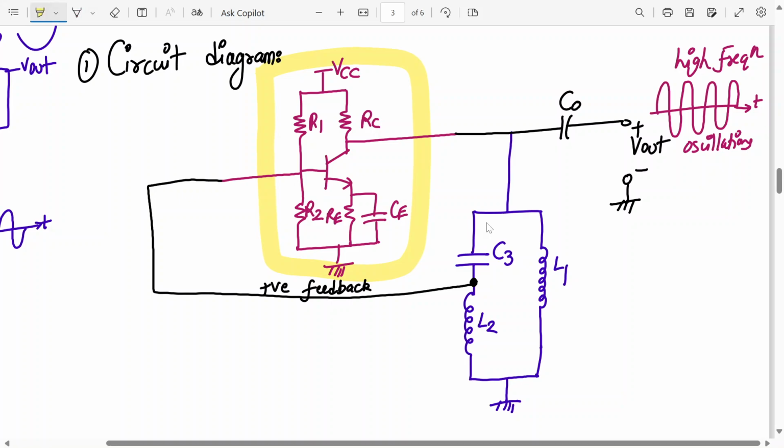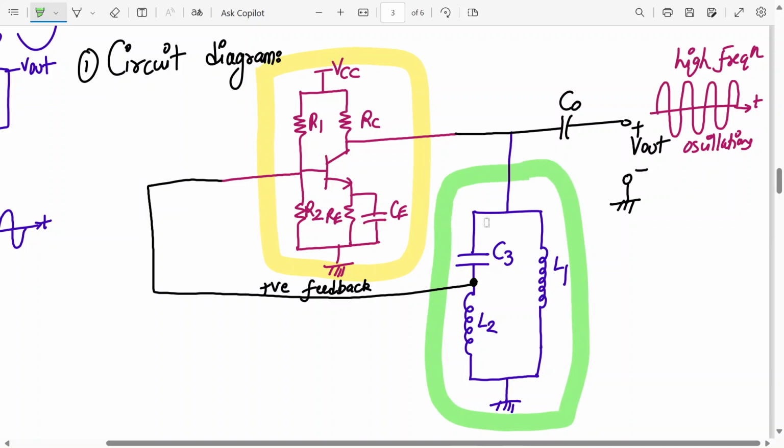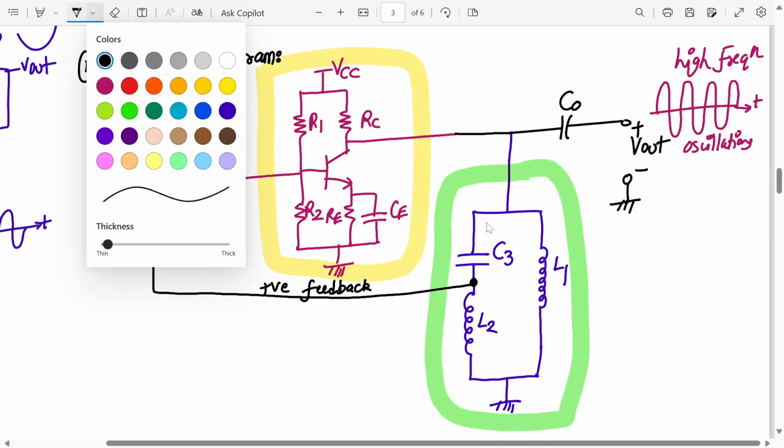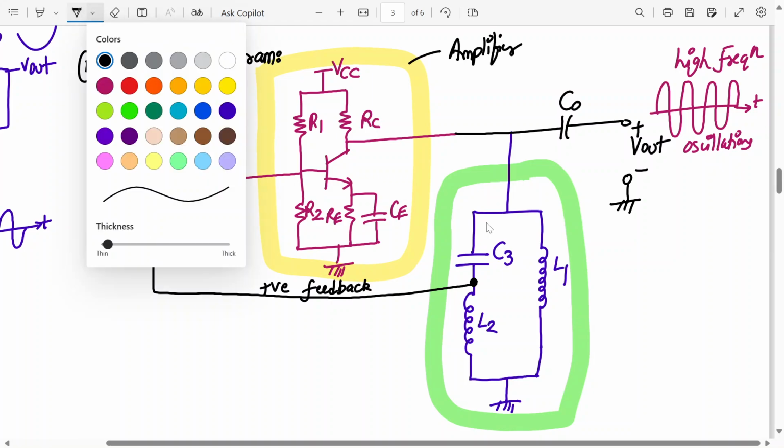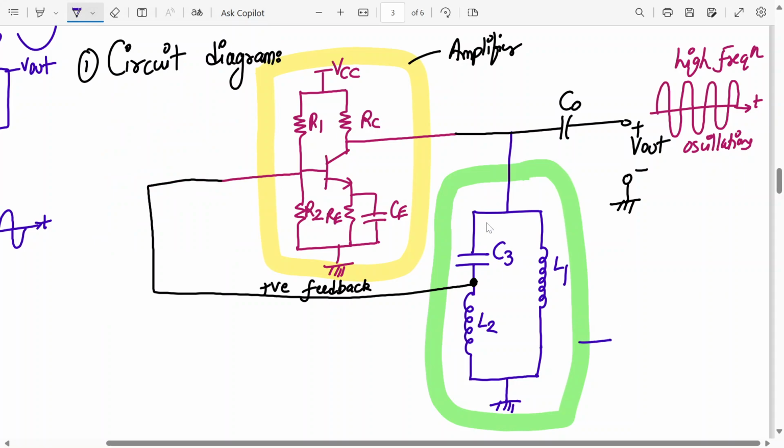Where is my LC tank circuit? This is my LC tank circuit. This is my feedback element basically. So this is my amplifier and this is my LC tank circuit, or we can say feedback network.